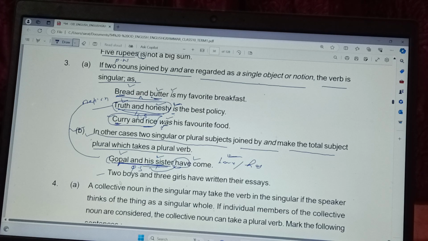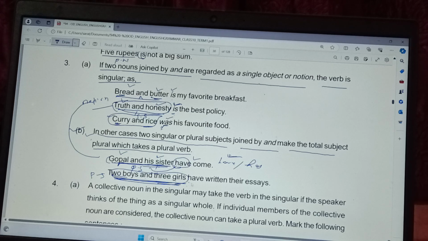Next one, two boys and three girls have written their essay. Here, guys, two boys and three girls: these two nouns are joined by and, and are considered a plural subject.